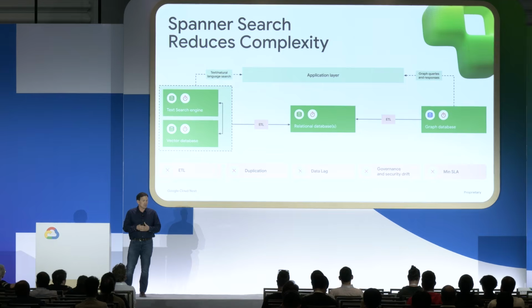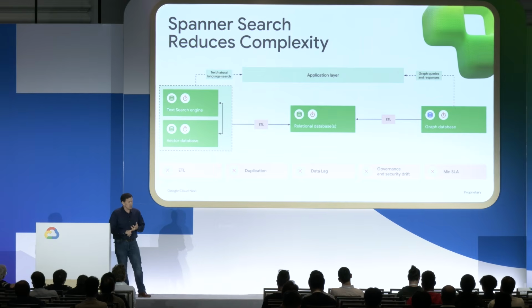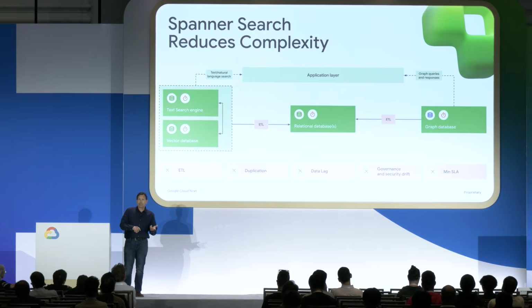So you have to worry about ETL pipelines, duplicates, different copies of your data. Also, data lag is really important when it comes to search. You don't want to search stale data and have stale results just because it hasn't been copied over yet to the search system. So these are all different problems that Spanner can solve when you implement search on Spanner.